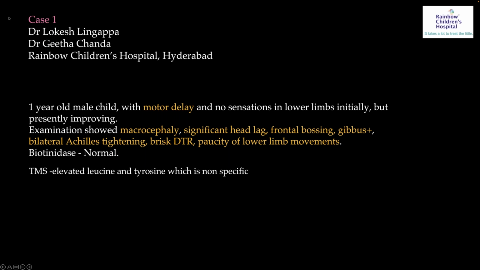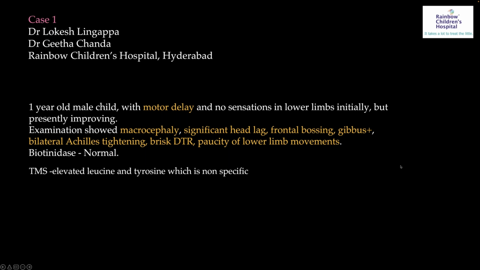Yeah, this is a 1-year-old male child, sir. We were presented with a motor delay, and there was no sensation in the lower limbs initially, but at present these sensations have improved, and the child started to move his lower limb with pain or stimulus.